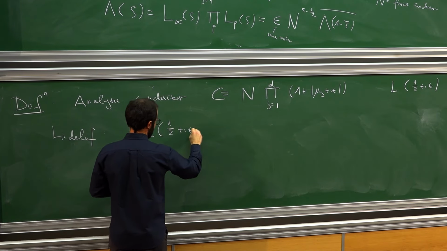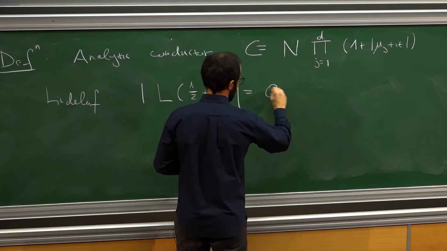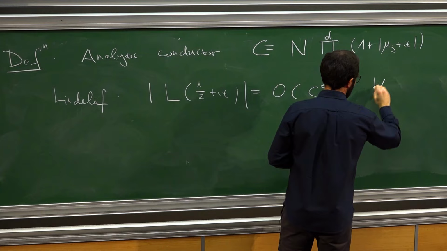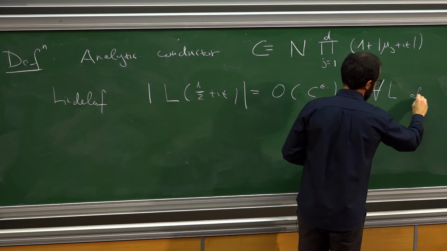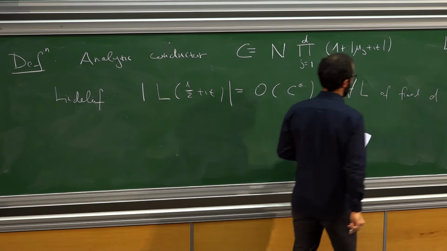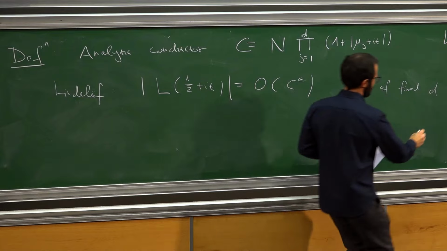Okay, so the conjecture is that this L is bounded by an arbitrarily small positive power of C, for all L of fixed D and a positive epsilon.